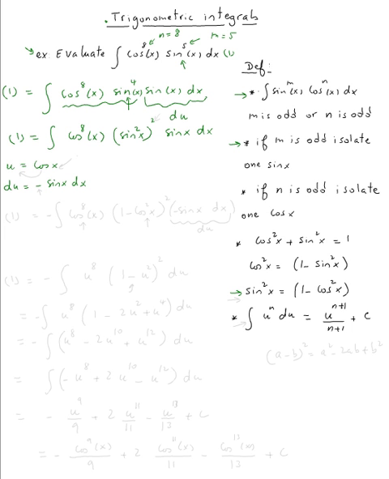Now let me go back here. Now sine squared, I'm going to use this formula, is just 1 minus cosine squared. So 1 minus cosine squared, and don't forget this 2. This 2 comes from here, times sine of x dx.